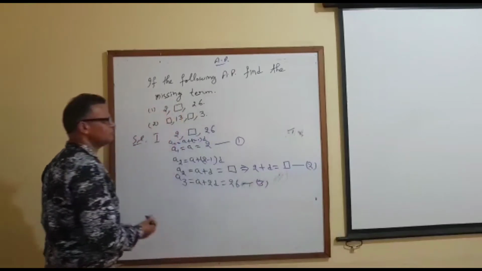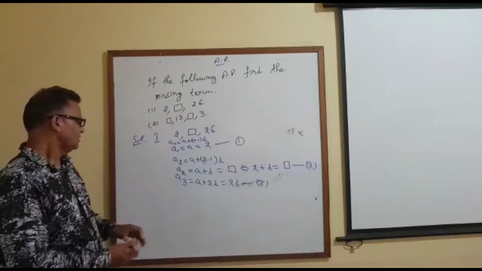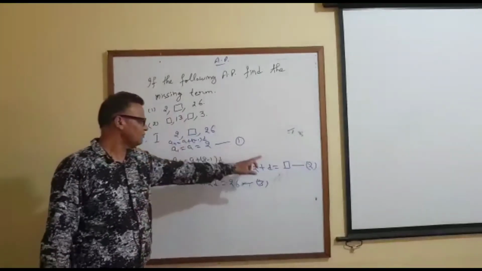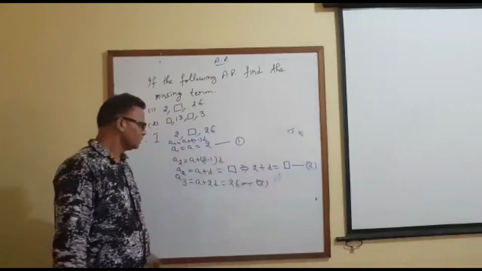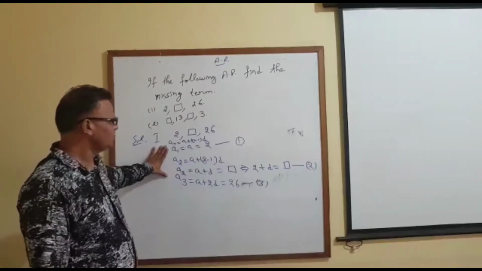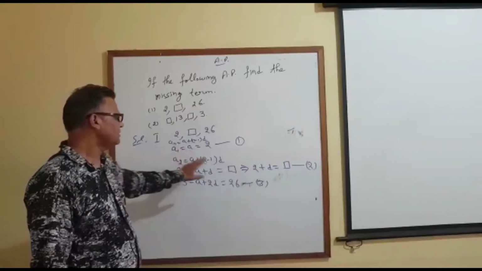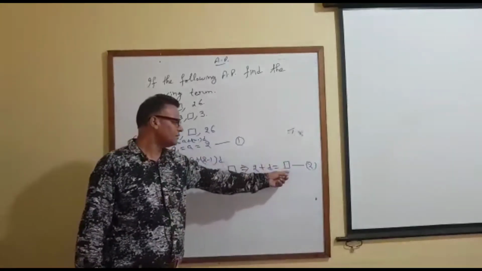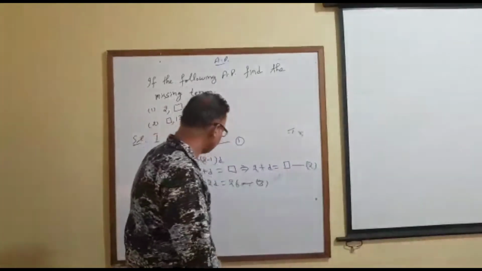Give this equation number 3. So now we see we have 3 equations, equation number 1, 2 and 3. Now we have to see in which equation we will put the value so that we can find D. If we find D, then we can find this block also.